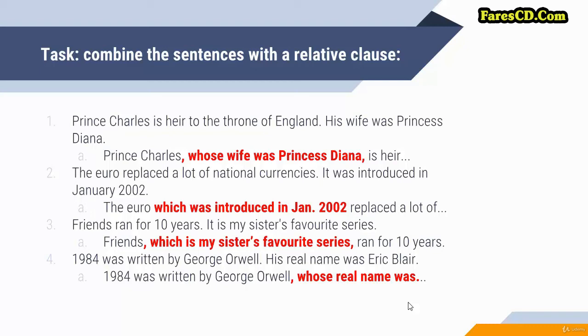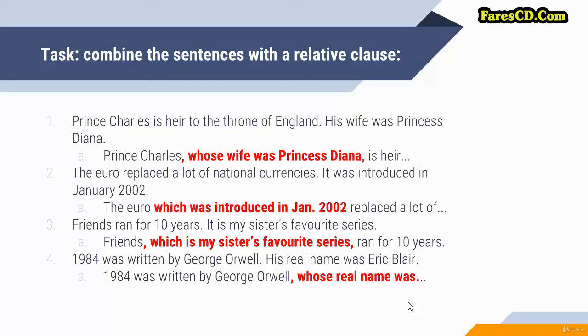Prince Charles is heir to the throne of England. His wife was Princess Diana. Well, of course, the information that Princess Diana was the wife of Prince Charles is important. But up to the main meaning of the sentence, that Prince Charles is the heir to the throne, this is irrelevant.